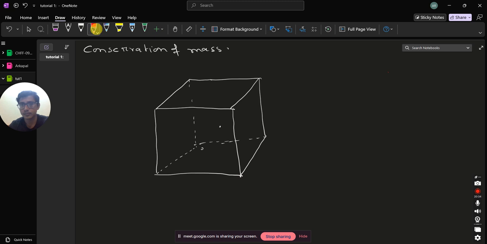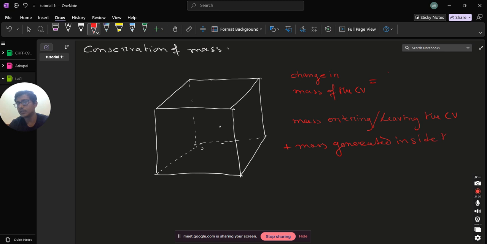It tells us that the change in mass of the control volume is nothing but the mass entering or leaving the control volume plus the mass generated inside the volume, right?